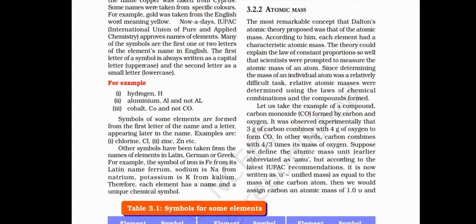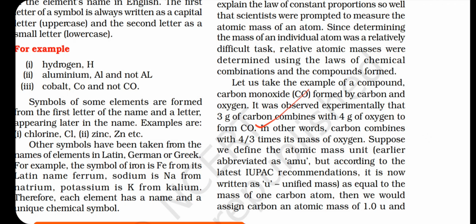Let us take the example of the compound carbon monoxide, formed by carbon and oxygen. It is observed experimentally that 3 grams of carbon combine with 4 grams of oxygen to form carbon monoxide, CO. In other words, carbon combines with 3/4 of the mass of oxygen.